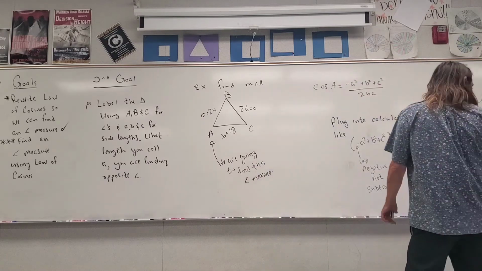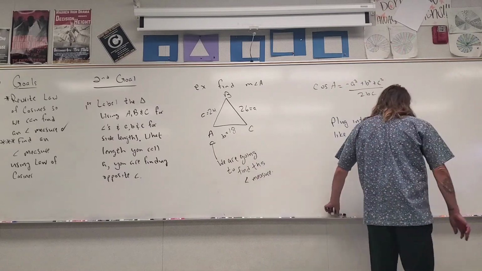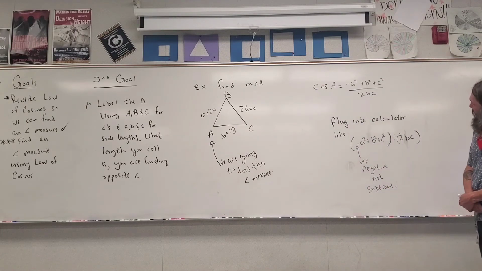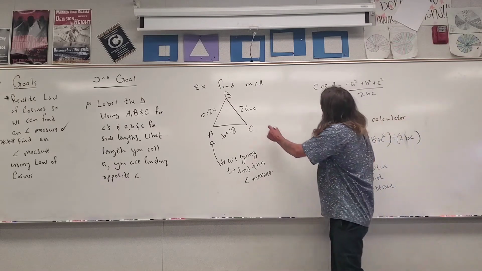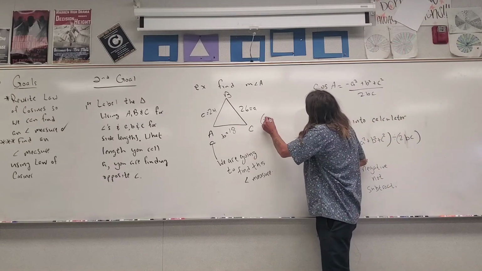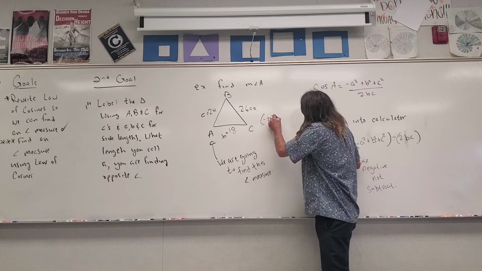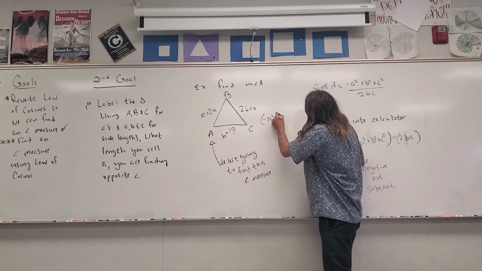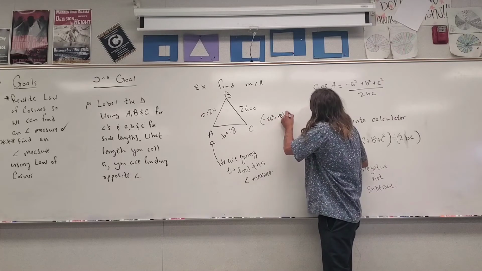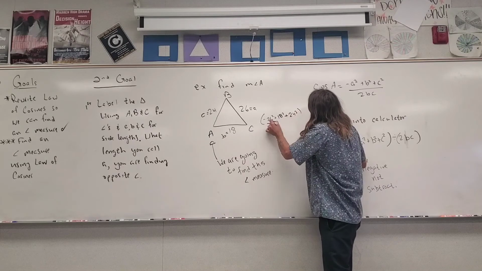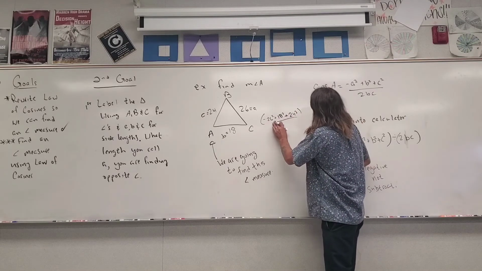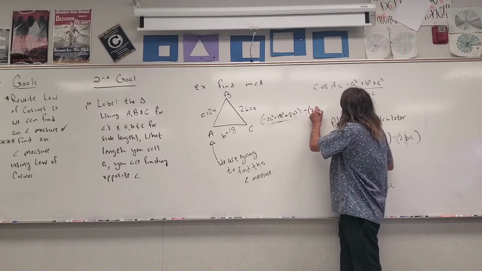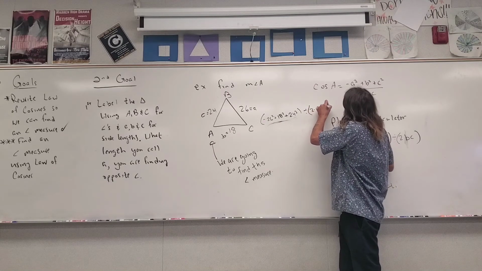So let me go ahead and find my calculating machine that I hid for myself. All right, let me show you how it's going to look when we plug it into the calculator. It's going to be parentheses, negative 26 squared plus 18 squared plus 24 squared, and we're going to divide that by 2 times 18 times 24.